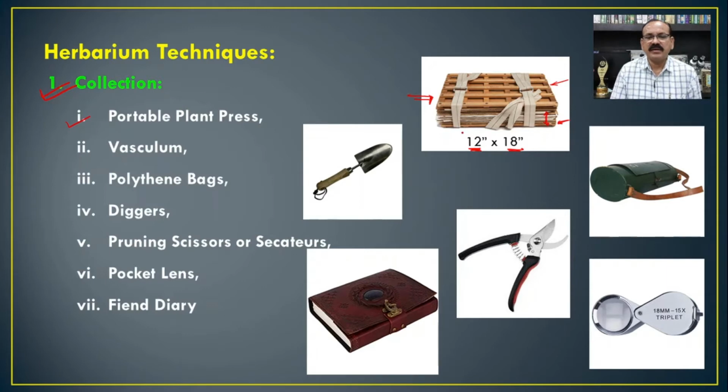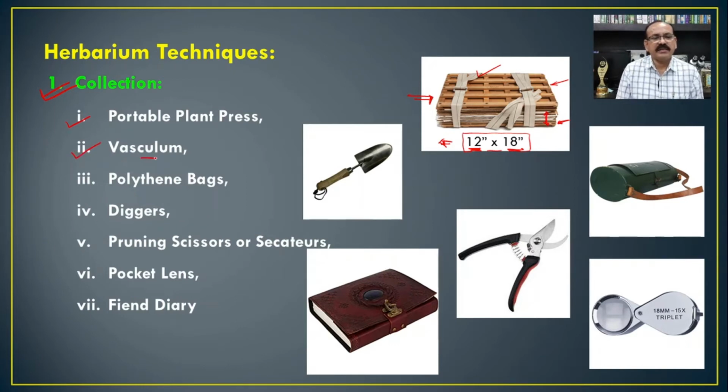The size of the plant press is 12-inch by 18-inch, which is the standard size, slightly bigger than the herbarium sheets. So we can carry such a portable plant press while collecting the plants from the field.